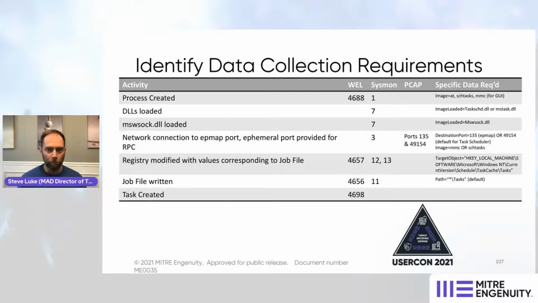And in this example, we can see that since registry modification and job file creation are really important, event codes 4657, 12, and 11 are going to be useful for us. And conveniently, the Windows event log 4698 is specifically triggered whenever a task is scheduled. So it gives us a really good handle onto this activity.